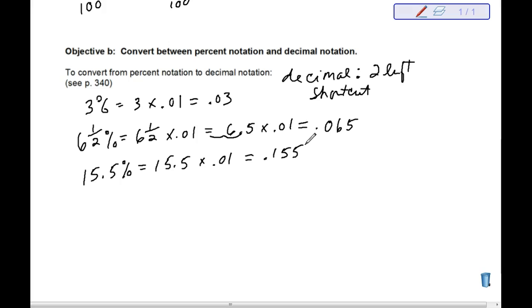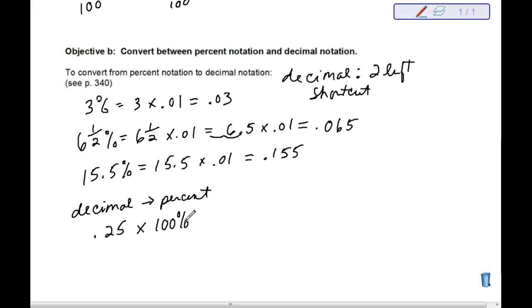We want to also convert the other way around, starting with the decimal and converting it into a percent. They'll show you this on page 341. So if I start with my decimal, say 0.25, I can multiply it by 1. 100% is 1.